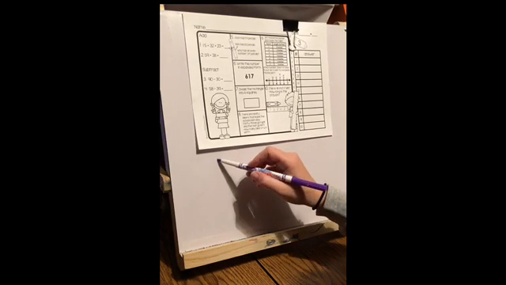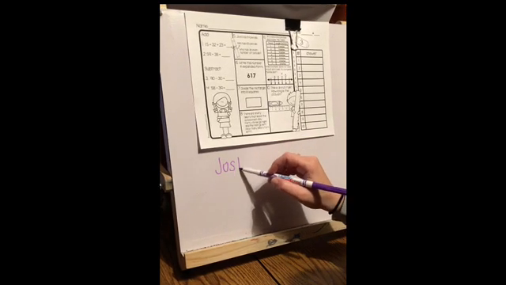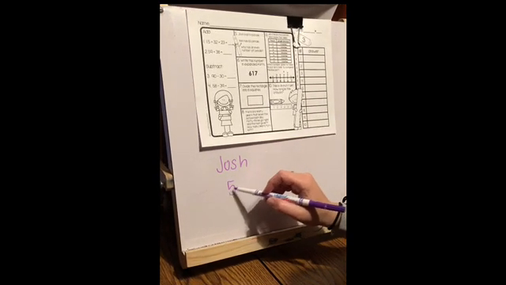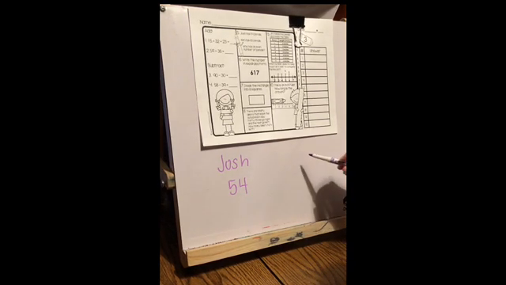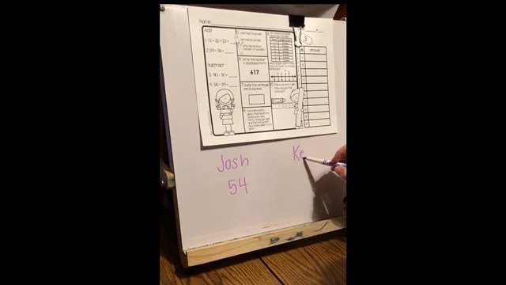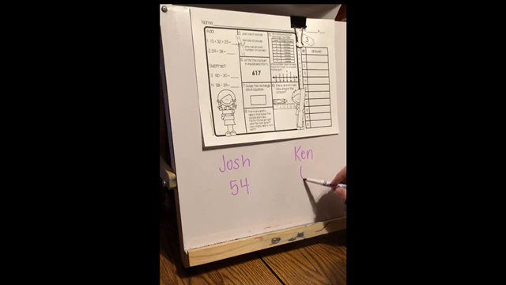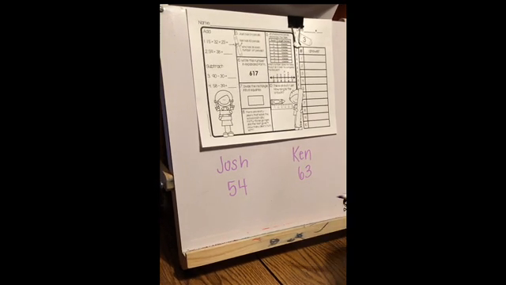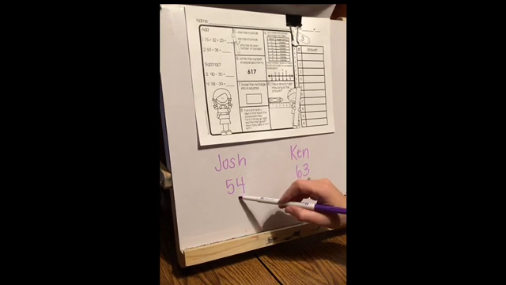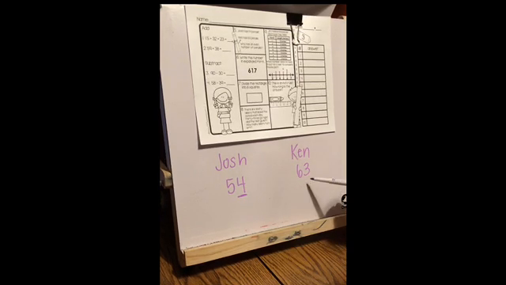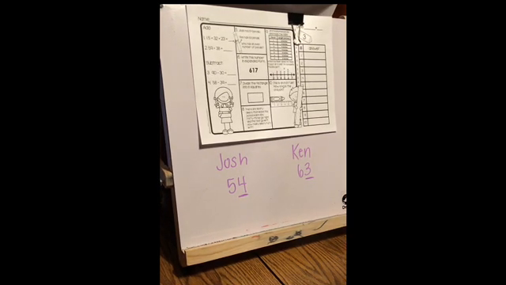So we have Josh with 54, and we have Ken with 63. So they're both two-digit numbers, so you need to look at the digit in the ones place.